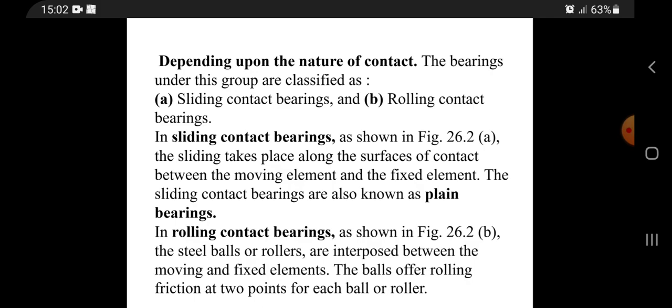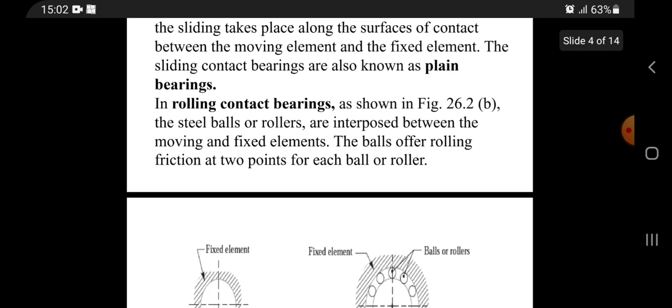Sliding contact bearings are also known as plain bearings. In a rolling contact bearing, steel balls or rollers are interposed between the moving and fixed element. The balls offer rolling friction at two points for each ball or roller.